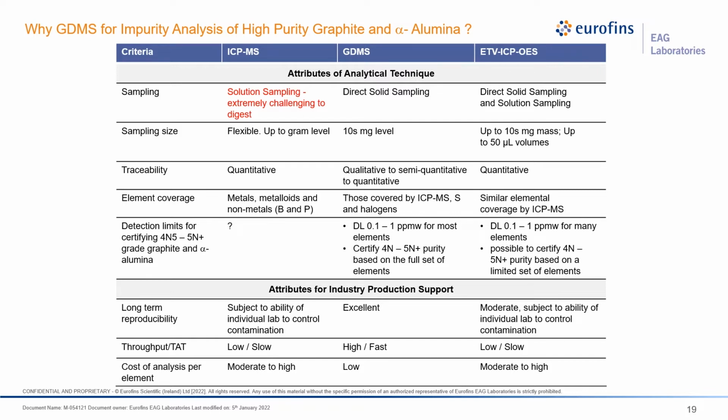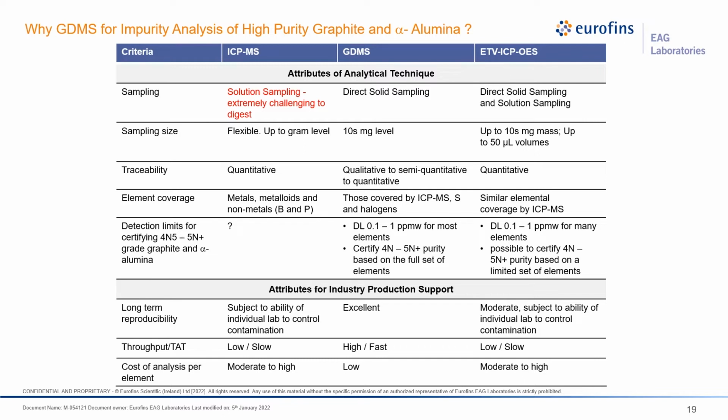So this leaves us with GDMS, which is really a natural choice for analyzing high purity graphite and alumina. It has all those great advantages, with direct solid sampling, good elemental coverage, and excellent detection limits. More importantly, it has long-term reproducibility and high throughput.